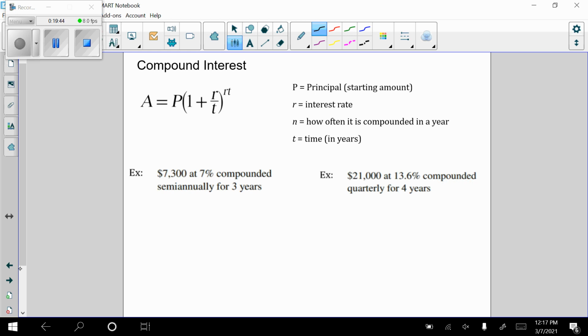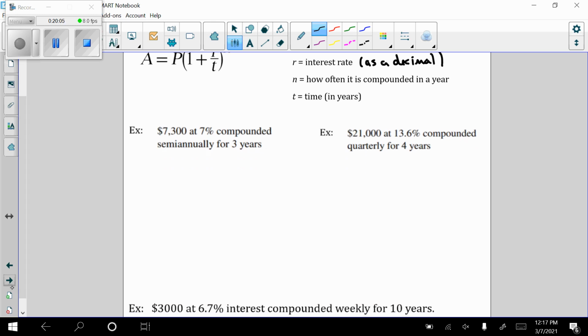So this one, P is your principal or your starting amount. R is your interest rate as a decimal. N is how often it's compounded, and then T is your time in years. Okay, so these should be pretty straightforward. You can use your calculator once you write down how you're getting your answers.